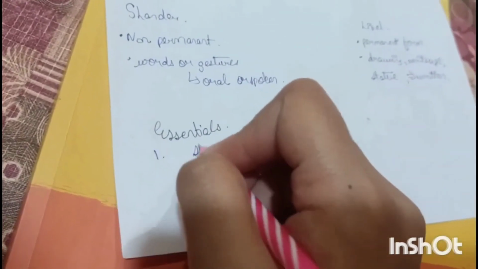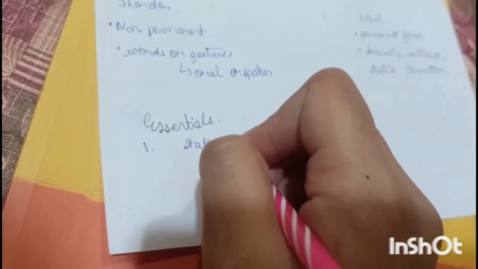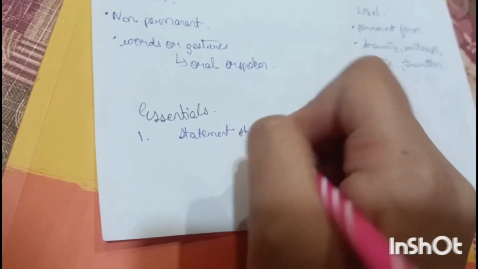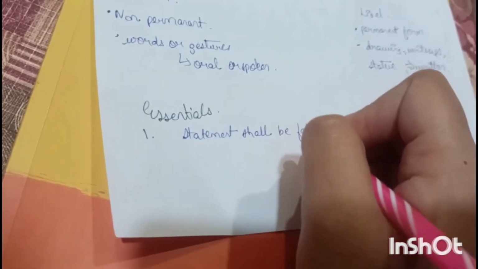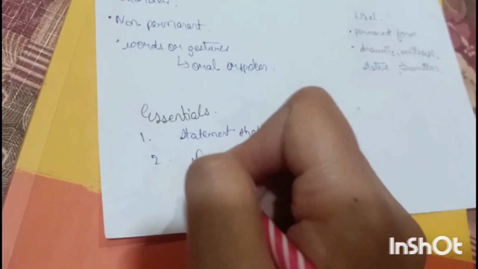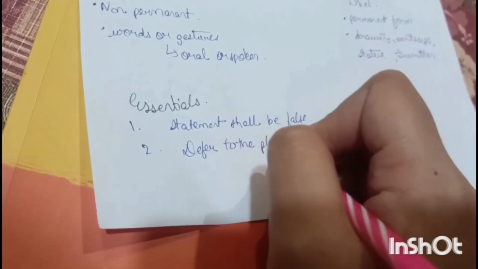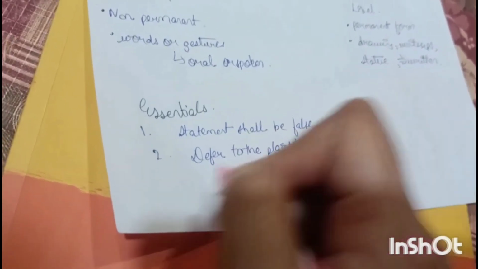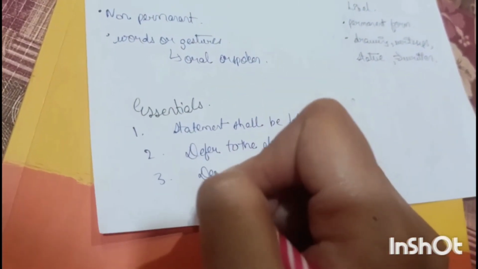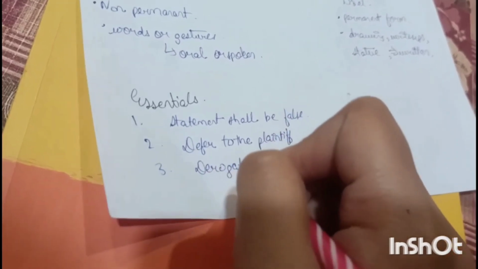Okay. So now let's see what the essentials are in this. The first one is the statement shall be false, and the second one is it should defame the plaintiff, and the third one is it should be derogatory.